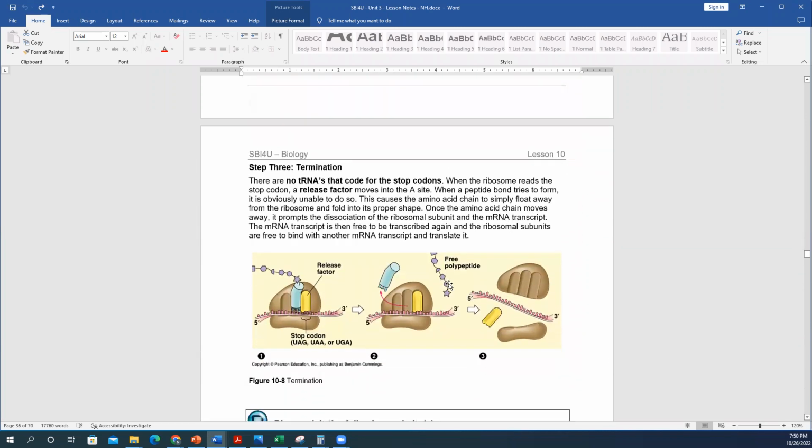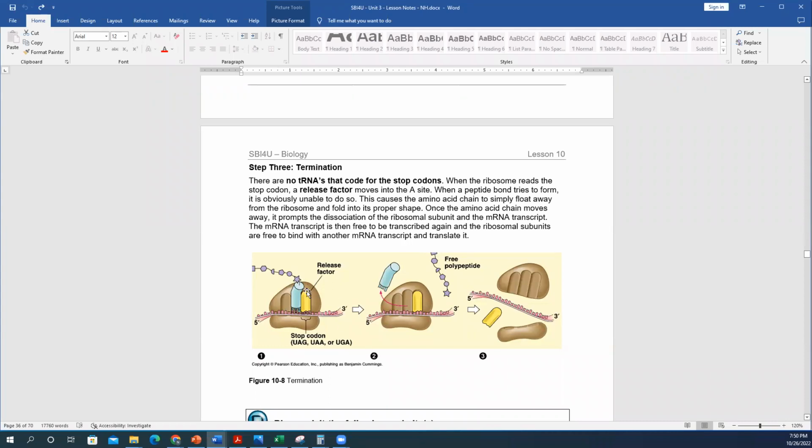And finally, for termination, since there are no tRNAs that code for the stop codon, once the stop codon is arrived at, there is a release factor that binds to the acceptor site.